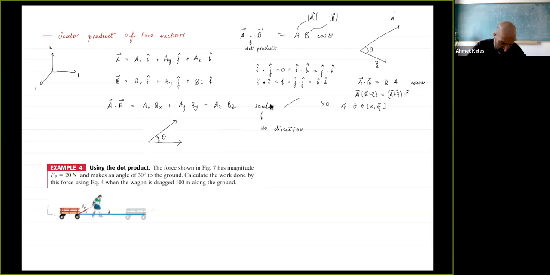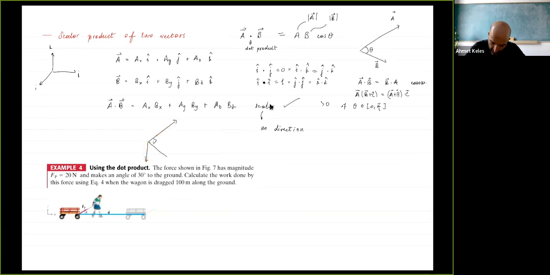If this angle is a little bit bigger than pi over 2, for example, let's draw it and see. Let this be perpendicular. If it is like this, now this is bigger than pi over 2, right? And I can immediately see this vector has a component which is opposite to the other vector.